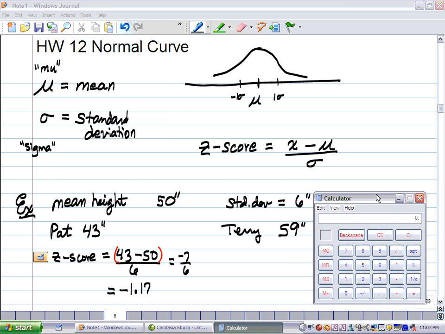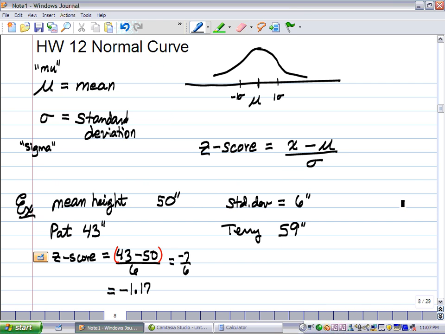by accident, so let me get him back. And to make him small, not to close him. Okay, that's because Pat's z-score is lower than the mean. That's why it's negative.